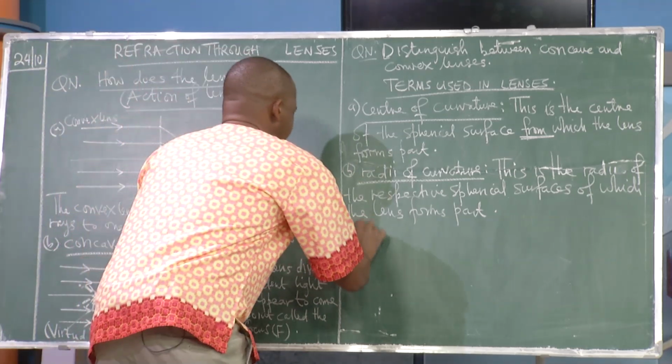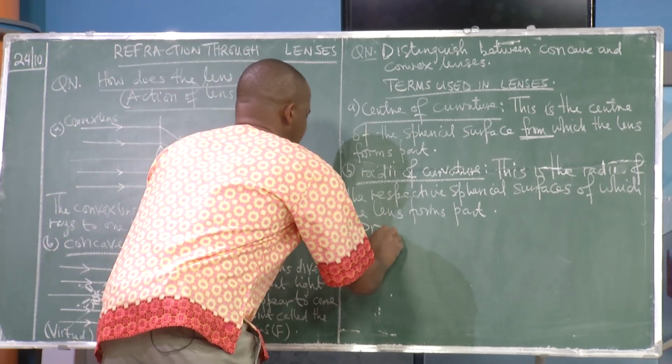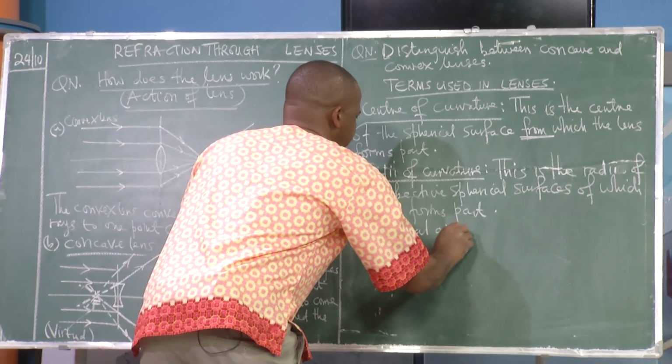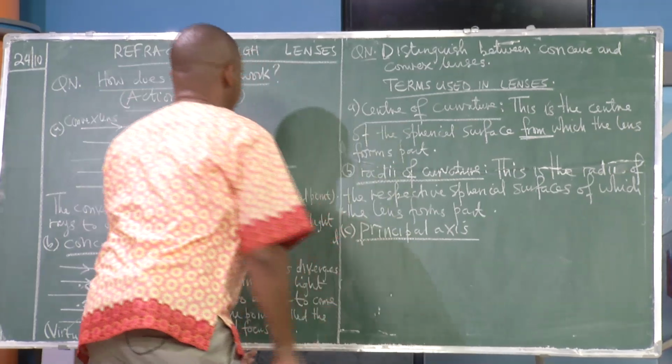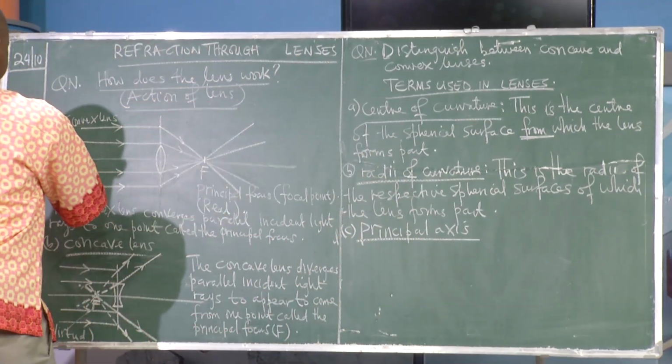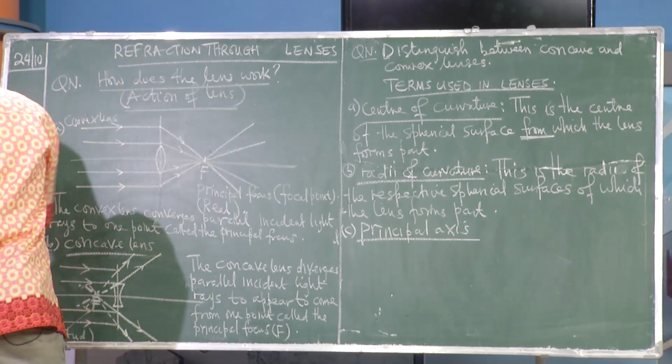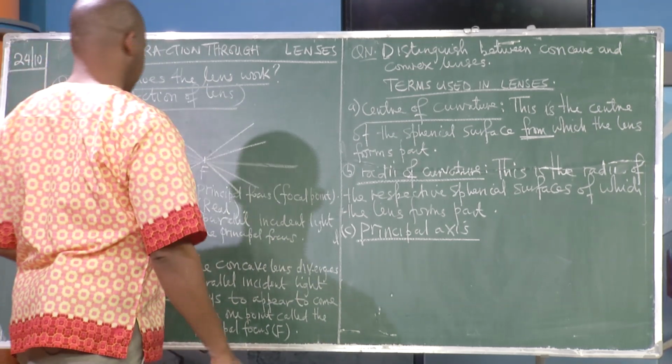The other important point is the principal axis. This is the central line here, and it passes through an important point called the optical center.